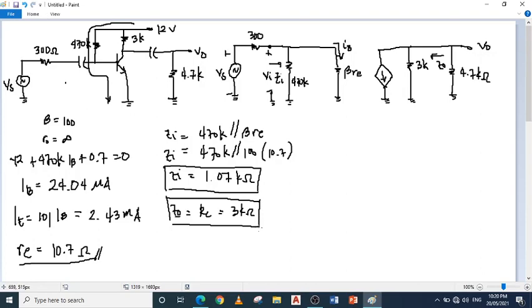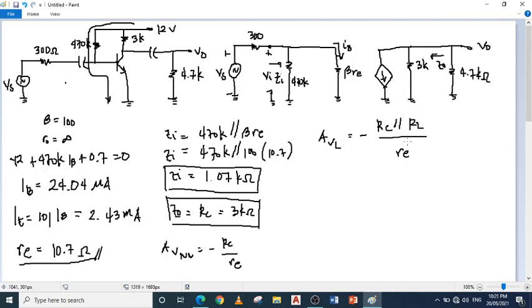Now, to solve for AVL. When there is no RL, our AV no load is equal to negative RC over RE. Now, since we have a load in parallel with RC, our AV is negative RC in parallel with RL divided by RE.